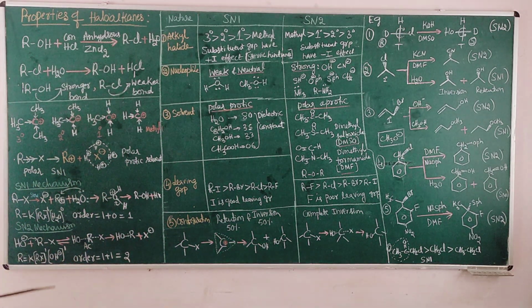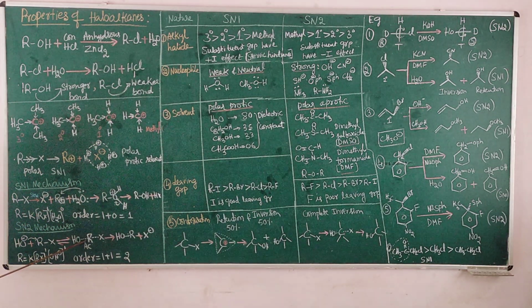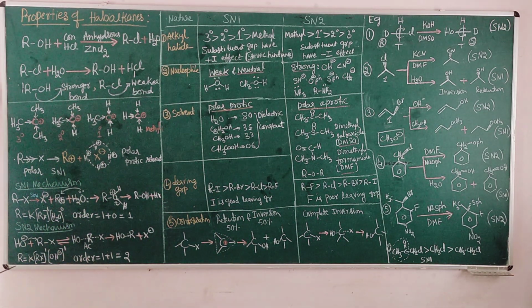Look at the difference. The intermediate here is the carbocation, and this is the activated complex, the intermediate complex. This follows the theory of activated complex or absolute reaction rate.